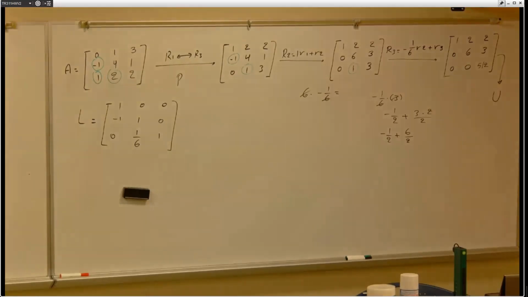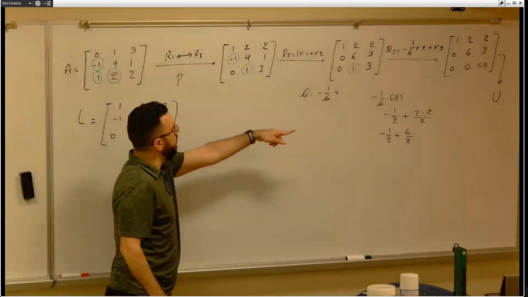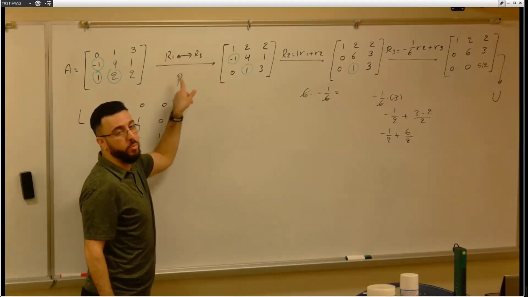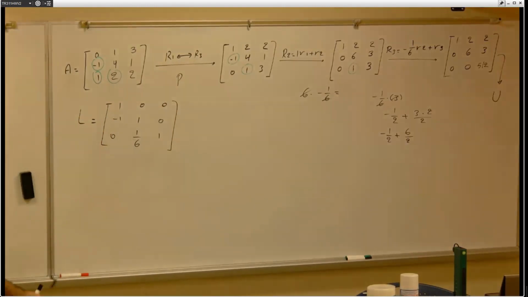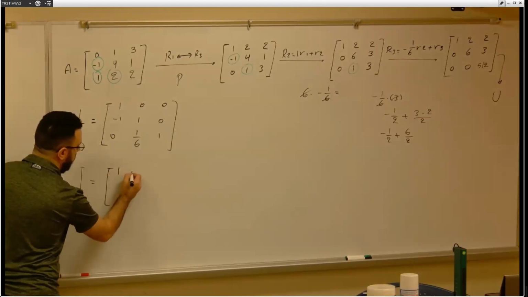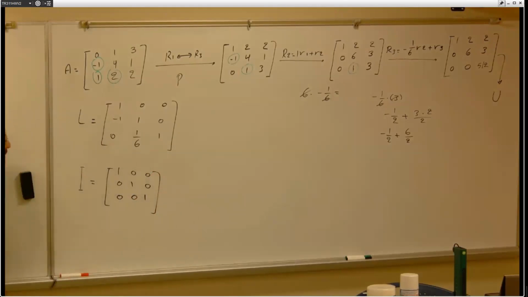We need one more matrix, because if you multiply L times U, it's not going to be the A matrix, because we still have to do one more operation, which is the P matrix. Now, how are we going to get the P matrix? First, the identity matrix, 1, 0, 0; 0, 1, 0; 0, 0, 1. This is the identity matrix, right?